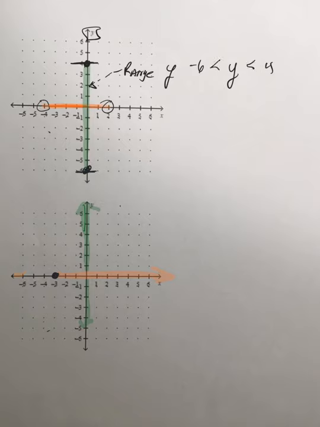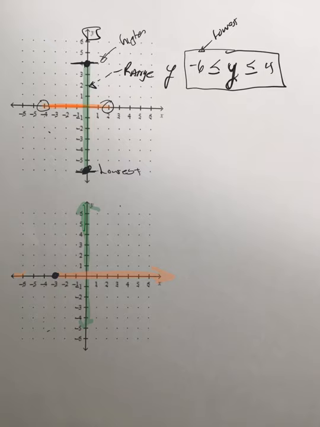And because the endpoints are solid, there should be equal to. So did you get this for your answer for the range? You have to always use the y variable for range. And remember, when you're writing a compound sentence, the lowest it goes should always be on the left, and the highest it goes should always be on the right.